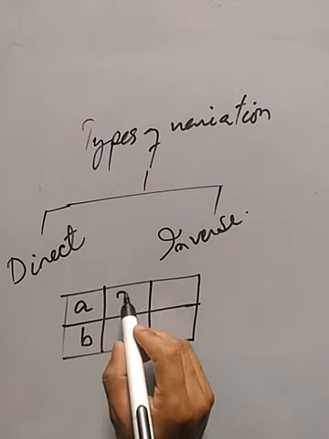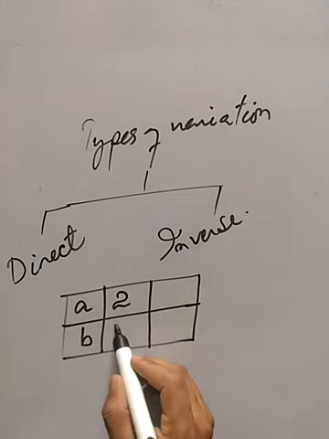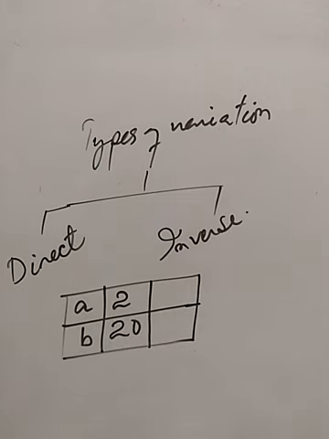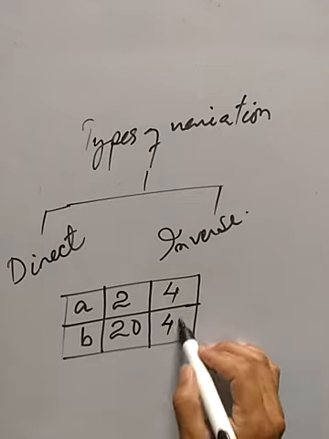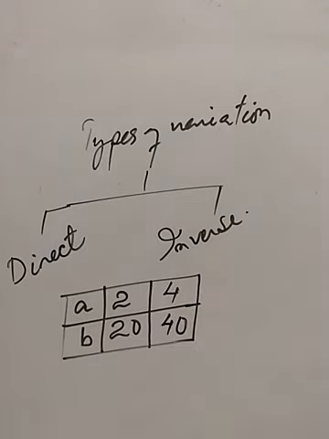So when we buy 2 pens, we are paying 20. When we buy 4 pens, we have to pay 40. What we understand is that these quantities A and B are in direct variation.